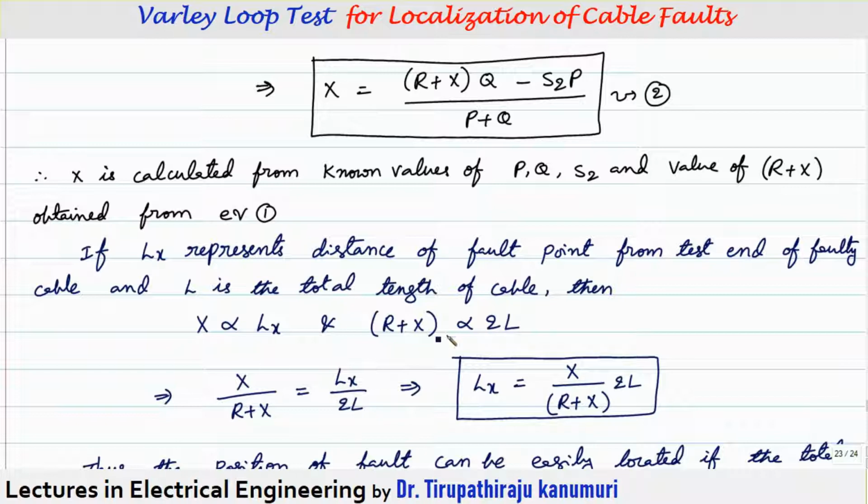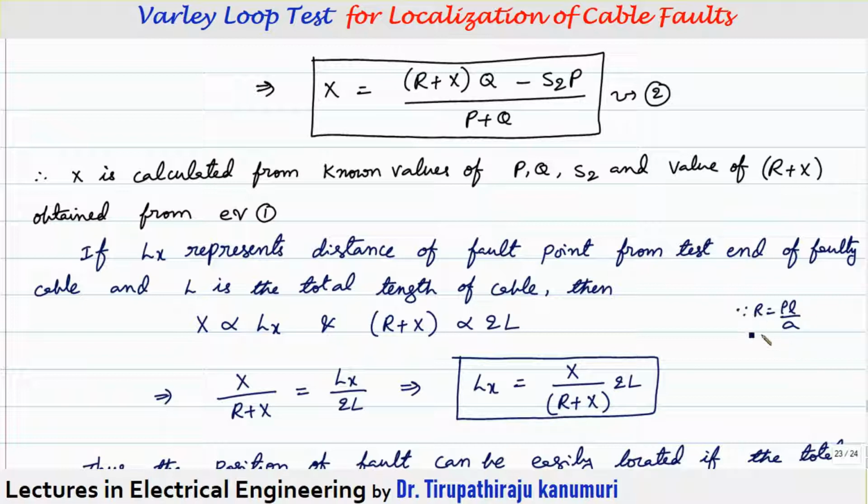So the total resistance of the loop, R plus X, is proportional to 2L, because resistance is always proportional to length, since R is equal to rho L by A. Similarly X is also a resistance, and it depends on the distance from the test end of the faulty cable to that location, which we take as length Lx. So X is dependent on Lx, and R plus X is dependent on 2L.